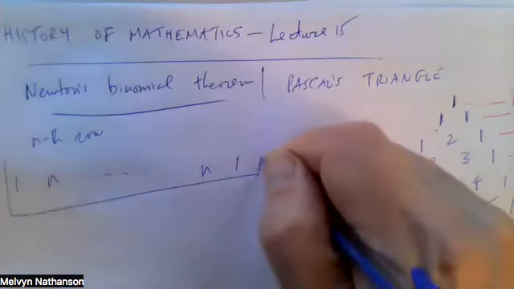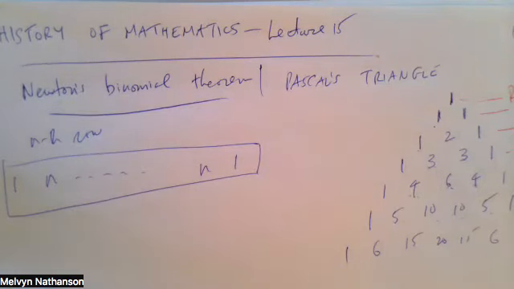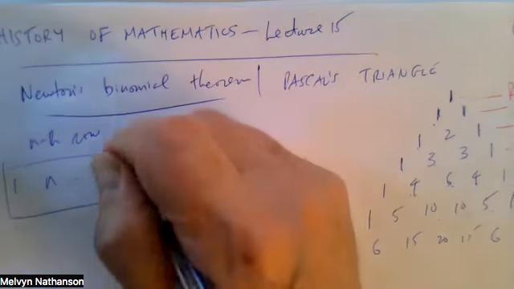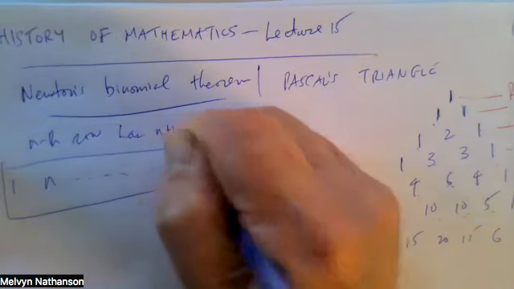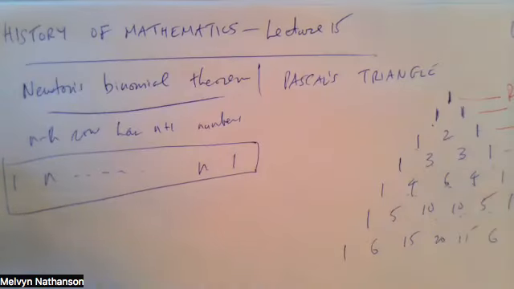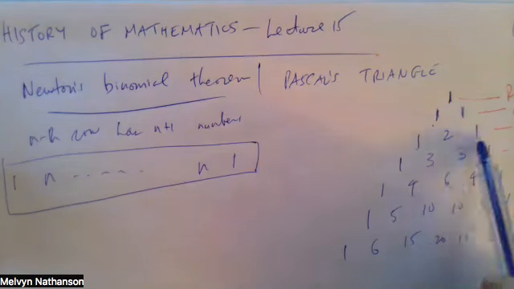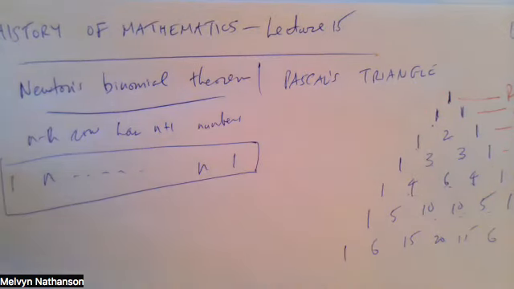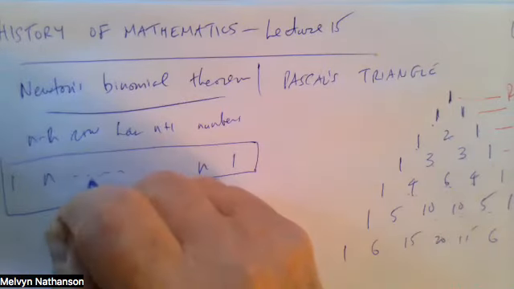So this is what the nth row looks like. And this nth row has n plus 1 numbers in it. Like row 2 has 3 numbers. Row 3 has 4 numbers. Row n has n plus 1 numbers.